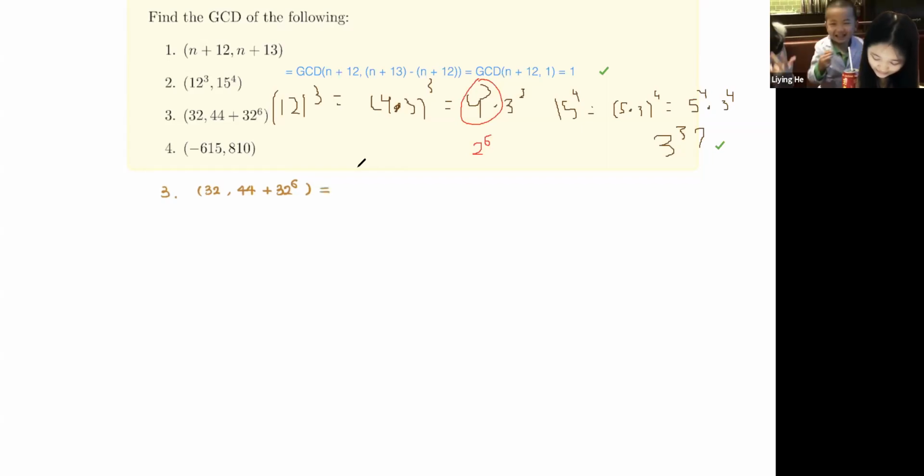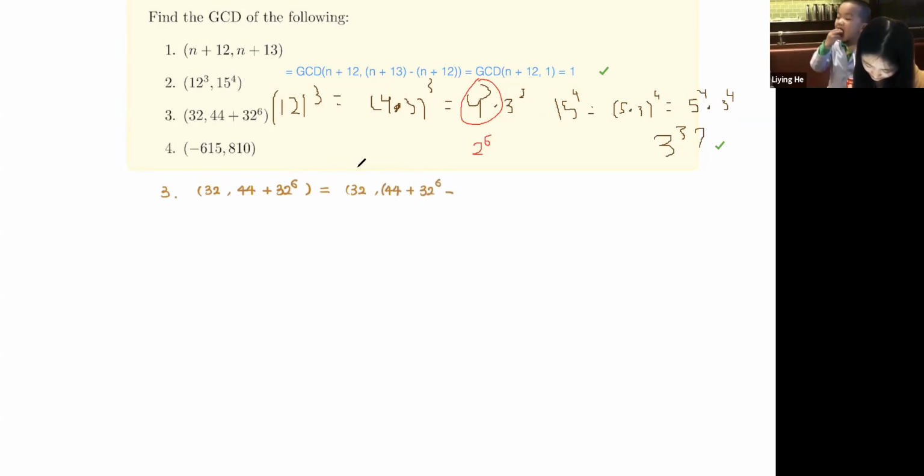So this is the same as 32, 44 plus 32 to the power of 6 minus 32 to the power of 6. Or let me write it in another way, which makes more sense to you: minus 32 times an integer.